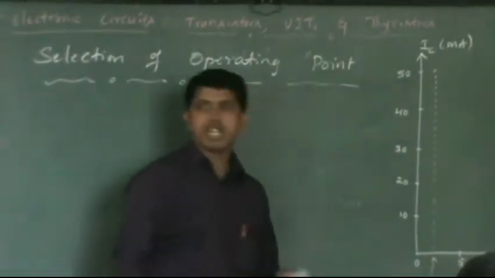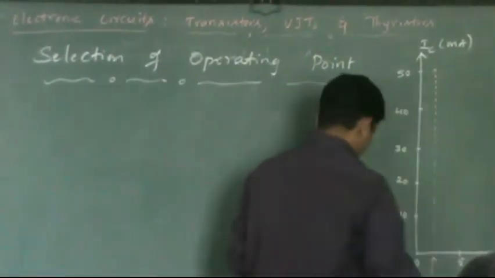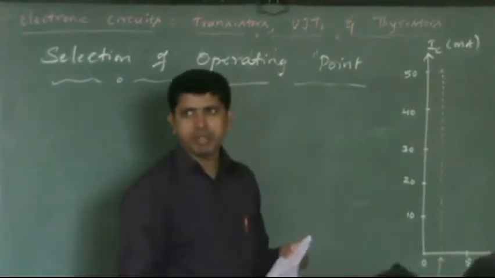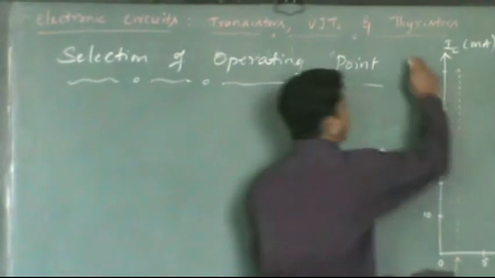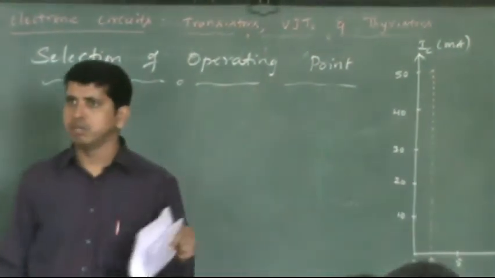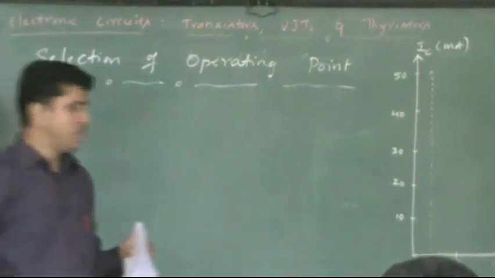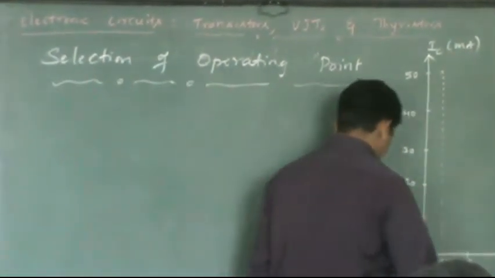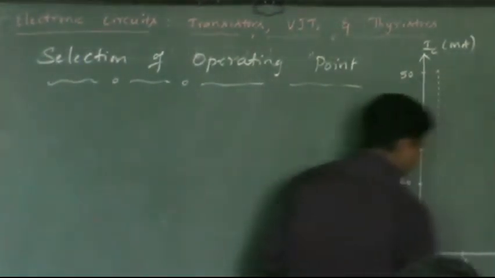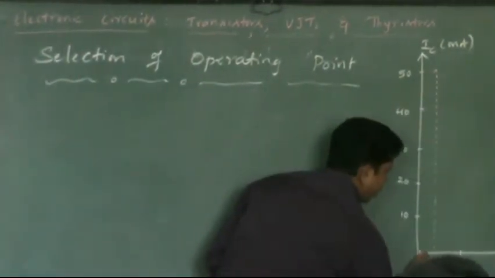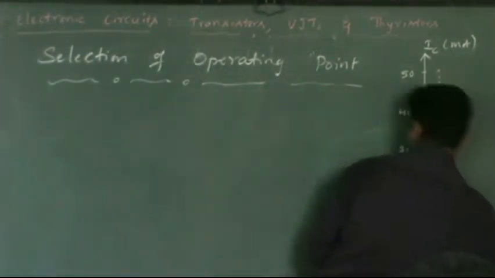Now we will plot the transistor output characteristics. How do you plot transistor output characteristics in common emitter mode? With VCE along the x-axis and IC along the y-axis, what must be constant? IB, the base current, must be constant. So we will go for different values of IB. For 0, you can see that the curve will be very close to the x-axis.